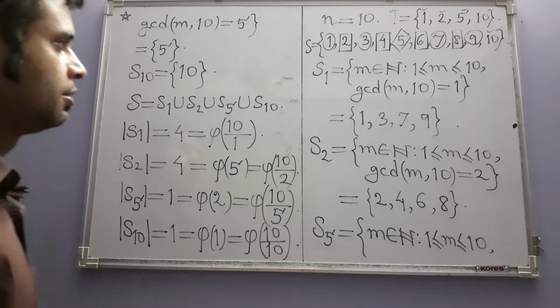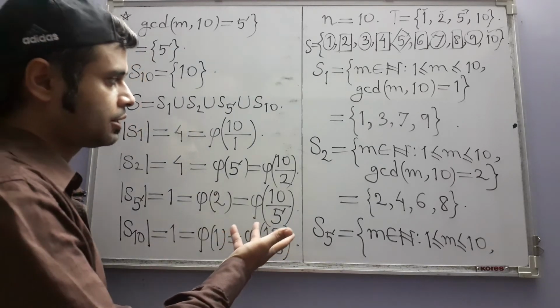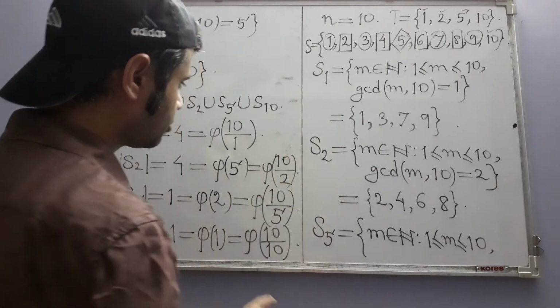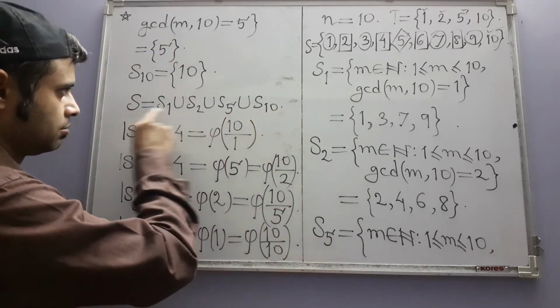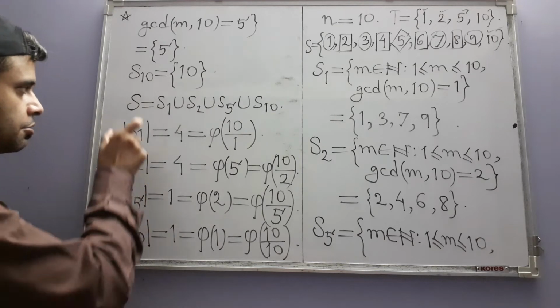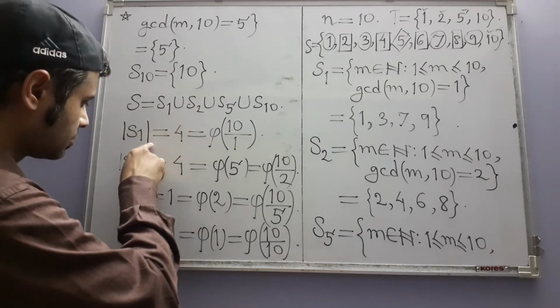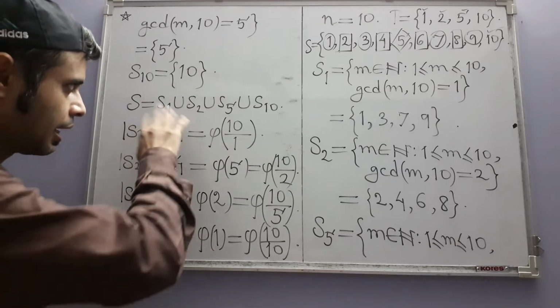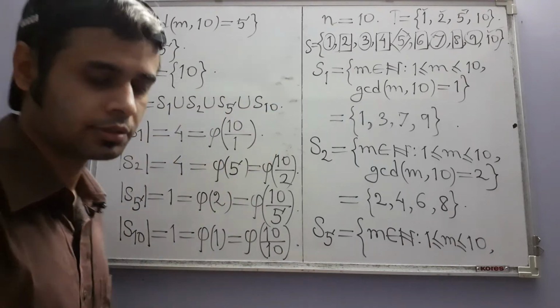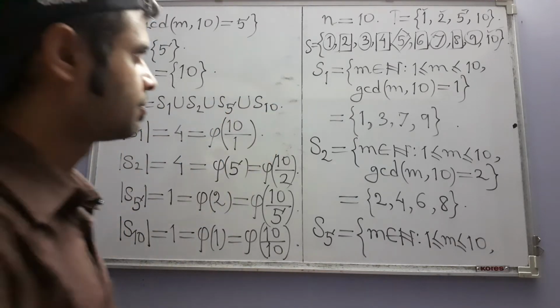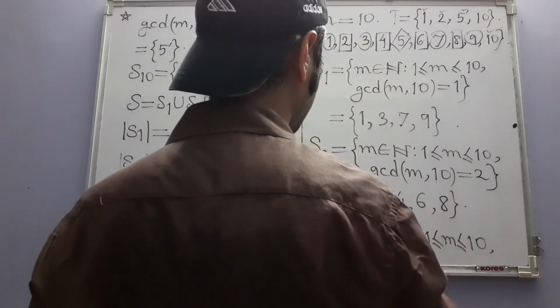Okay. Now you can of course understand that because these 4 sets partition S, the cardinality of S would be equal to the sum of these 4 numbers, the cardinalities of the individual sets. But what is the cardinality of S?